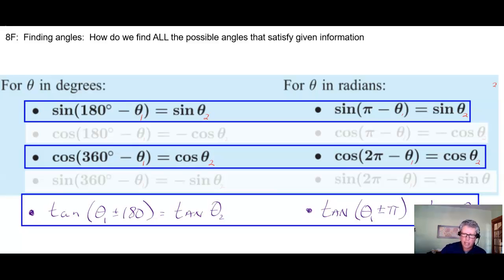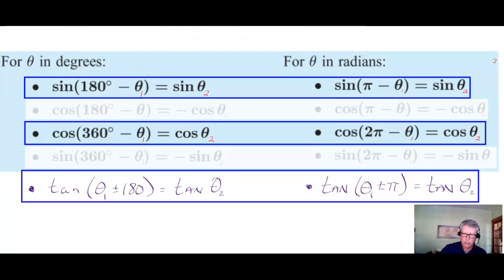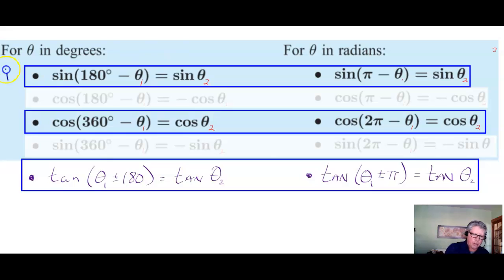These are the 3 formulas that I want you to write down in your best handwriting. What they do is tell you, if I have one angle that works, what can I do to get the other angle that works? You're going to see other things written, kind of nice and light.